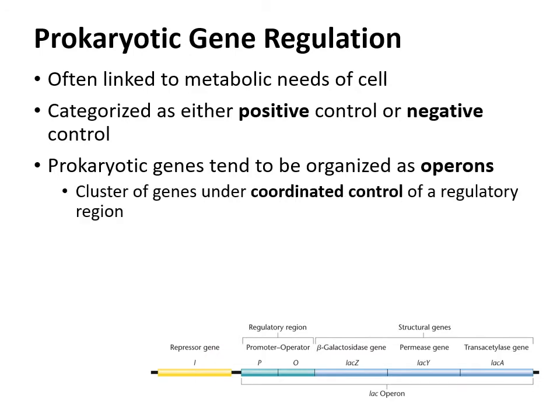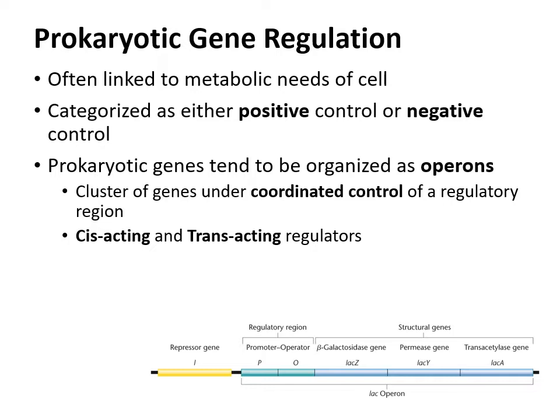Now, with any of this kind of regulation, there are two terms you have to be able to distinguish. Some regulators can be cis-acting, whereas others can be trans-acting. What cis-acting means is that the regulator is actually a DNA sequence. So it's a DNA sequence on that chromosome involved in regulation.